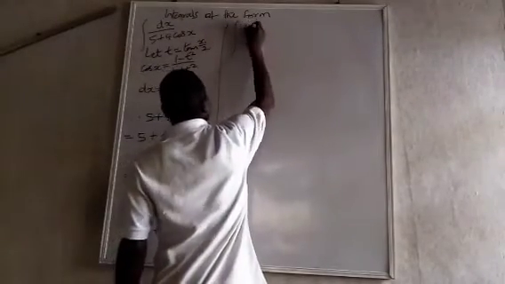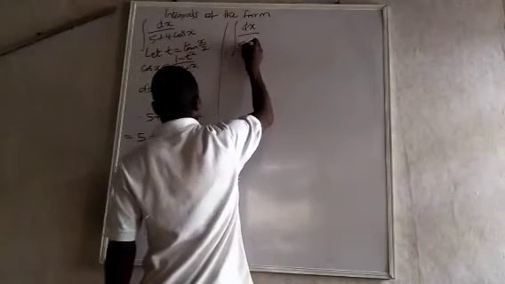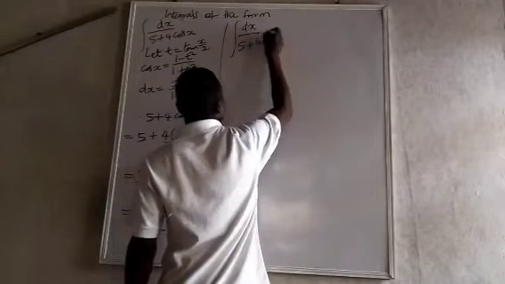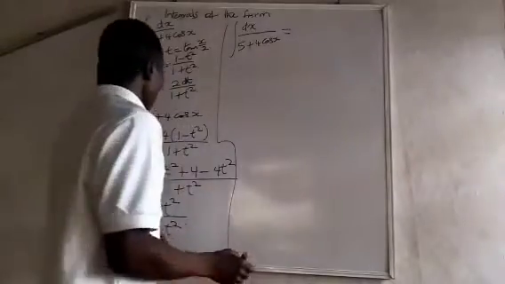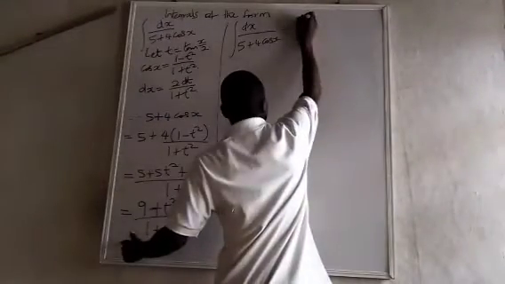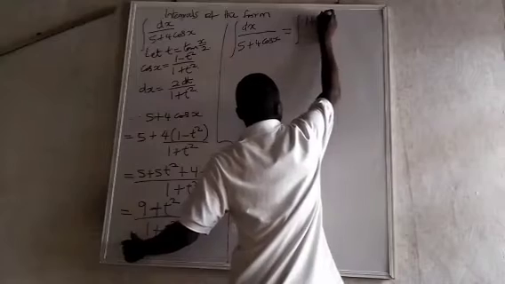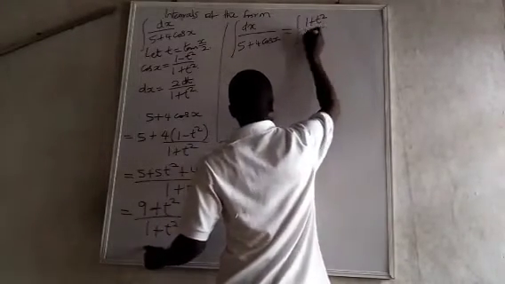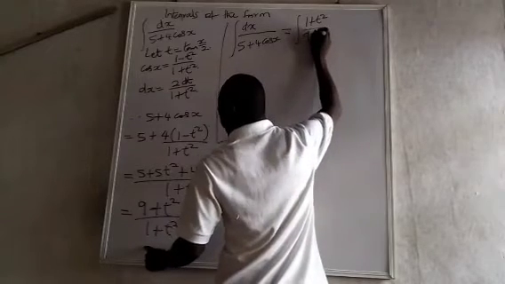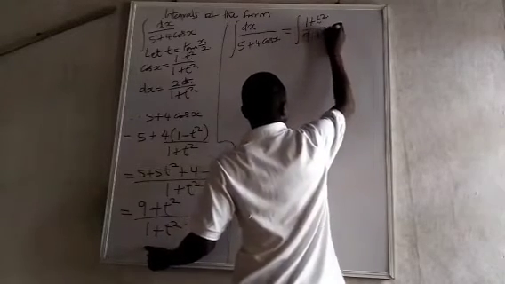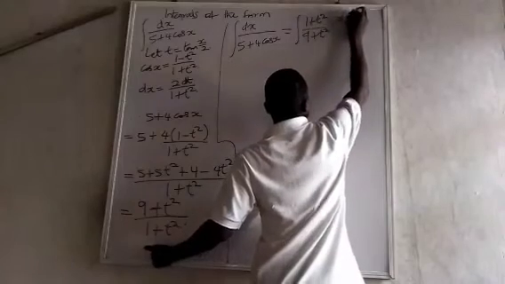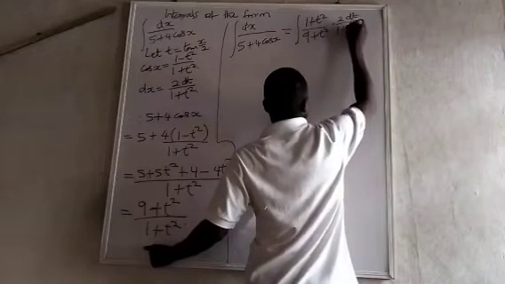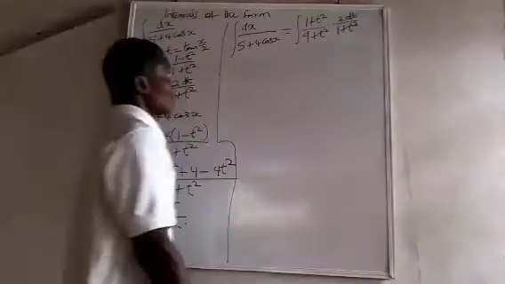Therefore, dx over 5 plus 4 cos x will be equal to the reciprocal of that, that is 1 plus t squared over 9 plus t squared, times 2 dt over 1 plus t squared.